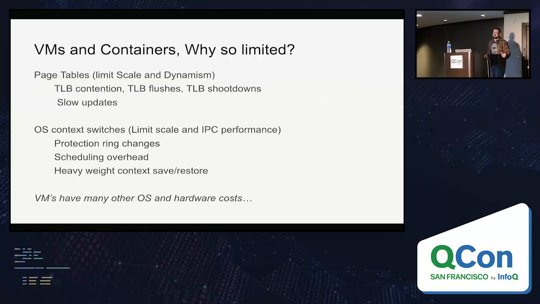Why am I talking about this? A lot of the fundamental limitations that VMs and containers have come from the fact they are dependent on page tables. This limits scale and it limits dynamism. If you want to create these things, destroy them, or resize them, you will shoot down your TLB. This is expensive. And if you end up with many of these things, you'll end up contending for your TLB.